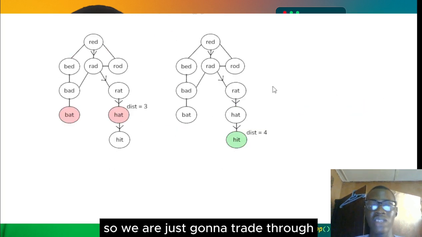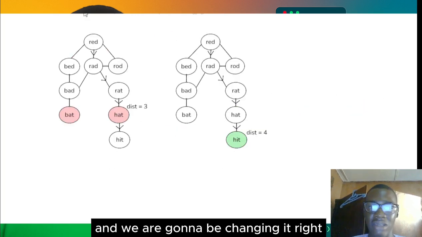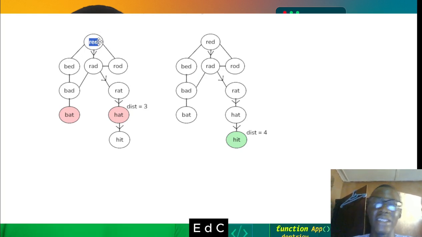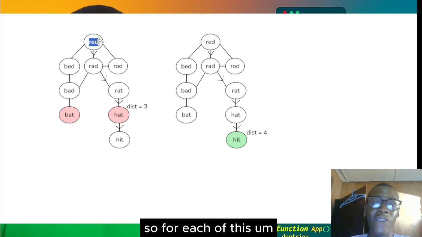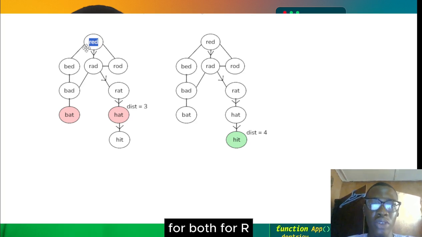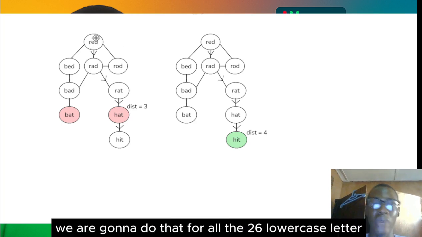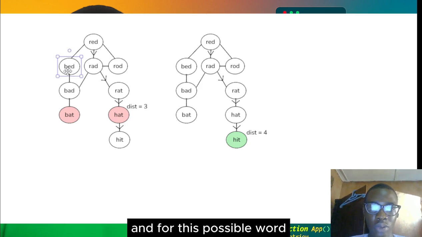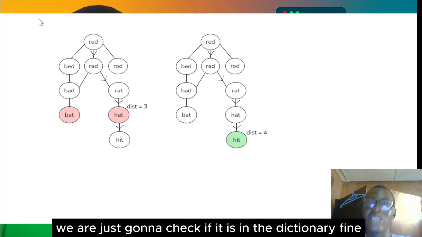So we are just going to iterate through, and we are going to be changing it, right? Meaning that for this red now, we are going to do AED, BED, CED. So for each of these strings that we are creating, by changing a letter for each of R, E, and D, we are going to do that for all the 26 lowercase letters, so that we can generate all possible words. And for this possible word, we are just going to check if it is in the dictionary.